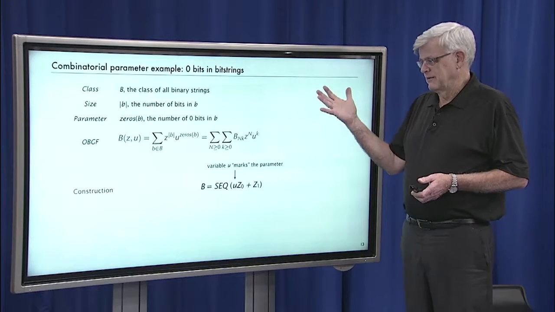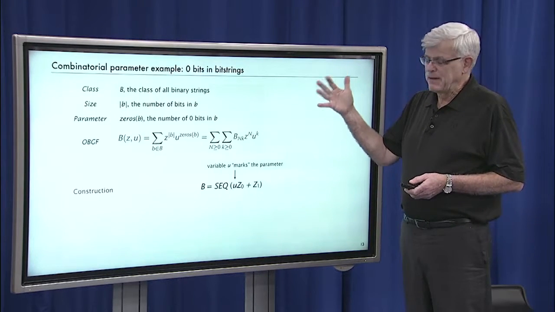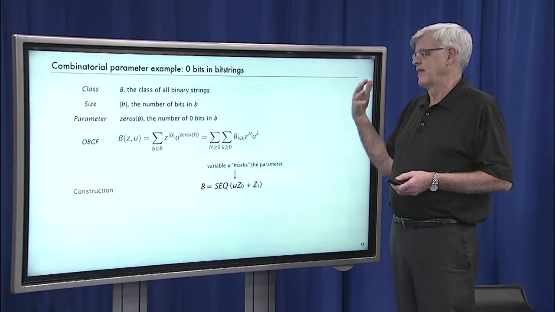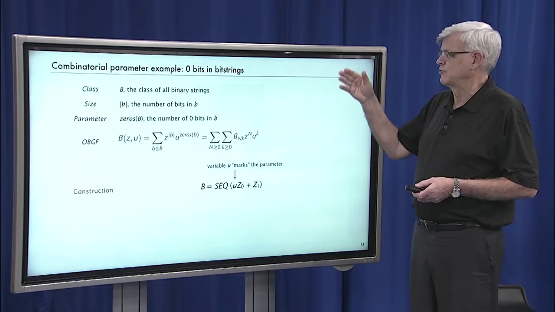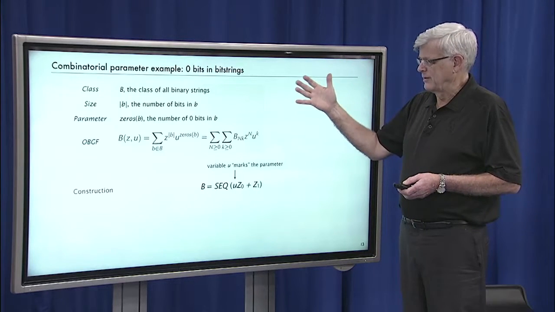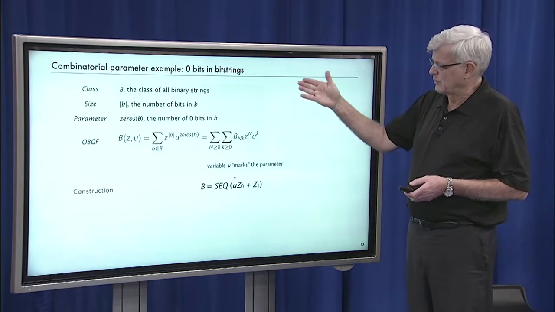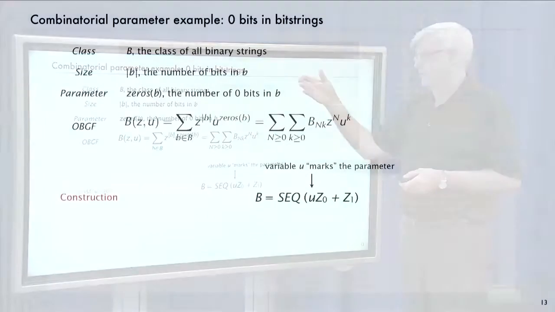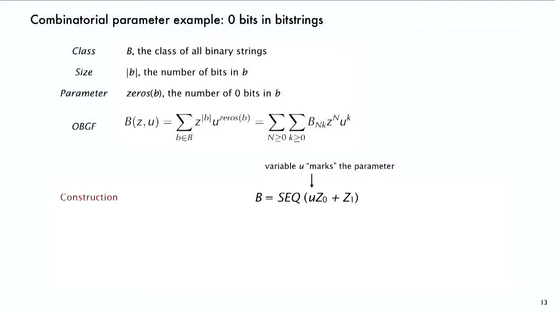So here's an example of using the symbolic method to derive that ordinary bivariate generating function for 0 bits in bit strings. And it's the same setup that we've used many times, except now we add the parameter. So our class is the class of all binary strings. Our size is the number of bits in the string. Our parameter is the number of 0 bits in the string.